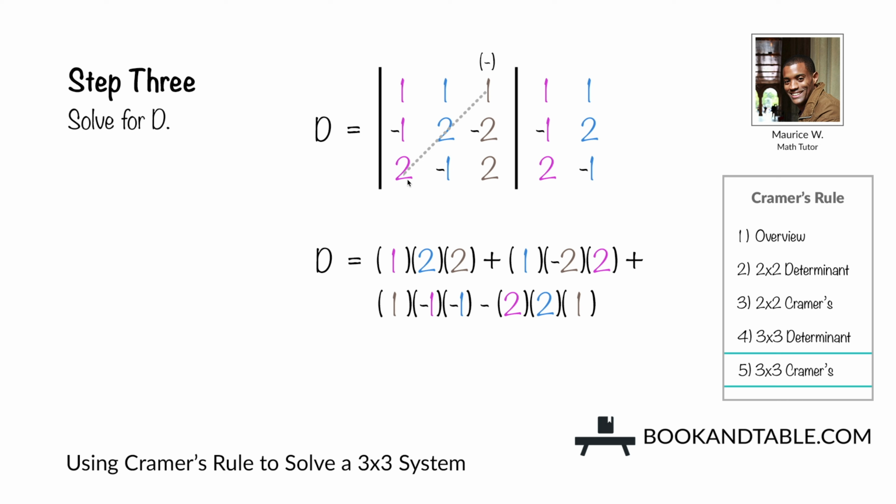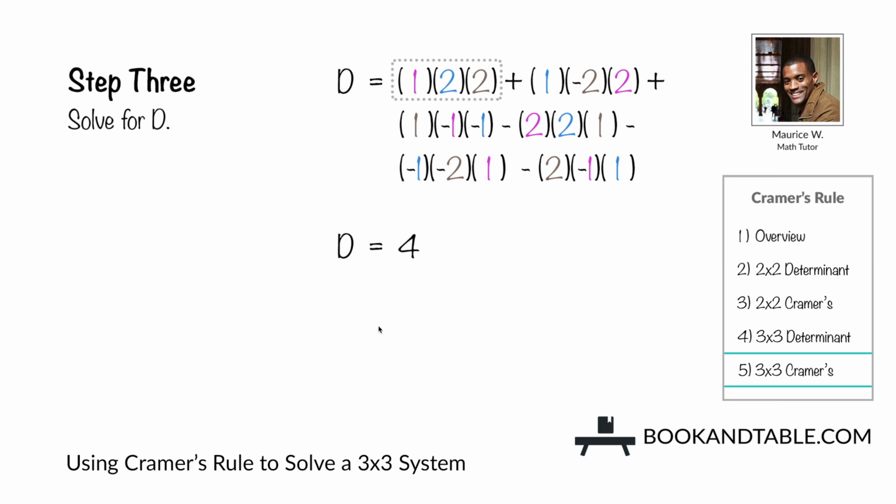So we get -2 times 2 times 1, minus -1 times -2 times 1, minus 2 times -1 times 1. So now we can solve for d by evaluating this expression.